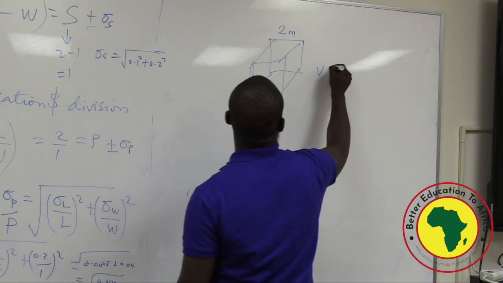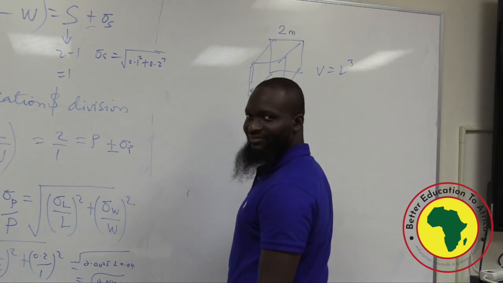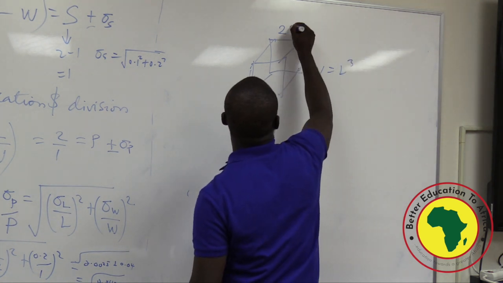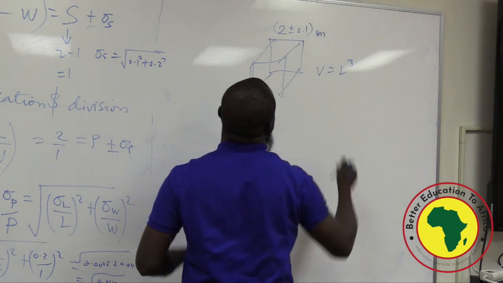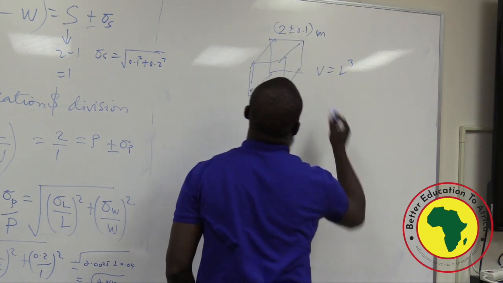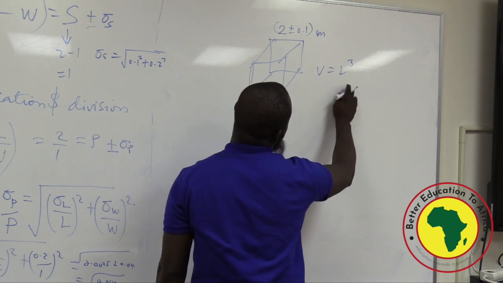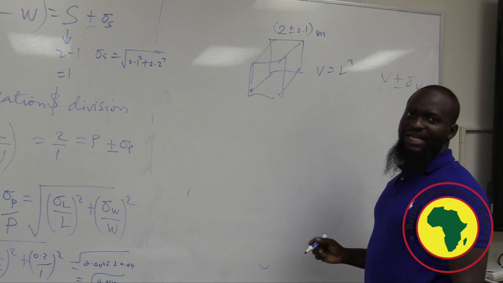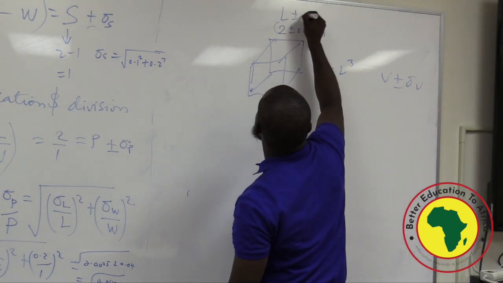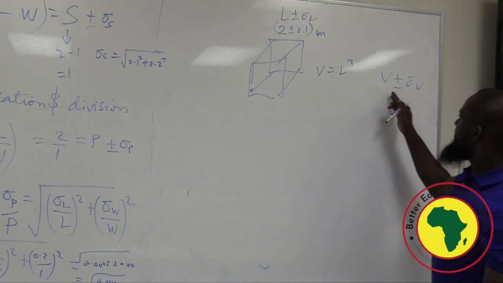So what is the volume? So volume is just L cube. So this is 2, I said plus minus 0.1 meters. So I have the length and error in length, okay? So how do I get the error in the volume? So I want V plus minus sigma V, as I have L plus minus sigma L. How do I get V plus minus sigma V?